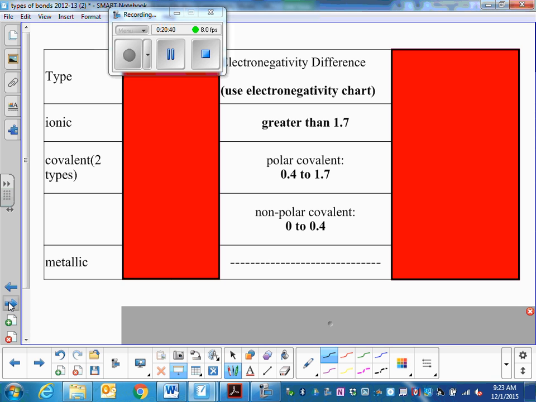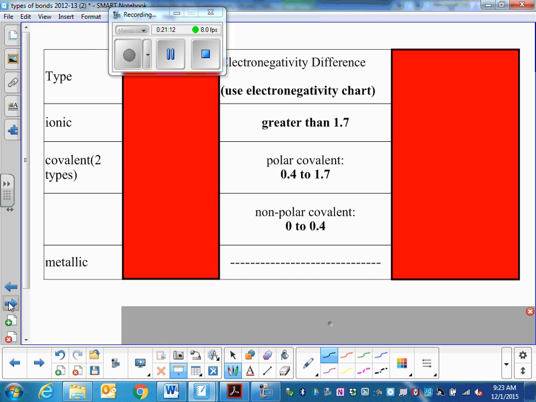If I'm strong enough to yank the electron from you, I become an ionic compound. But if you have some power, you're not altogether weak, we make a polar covalent bond. And if both of us are equal, we make non-polar bonds. This is a fundamental idea.